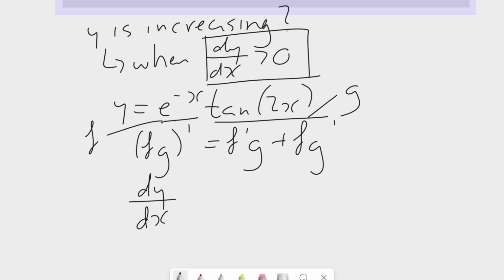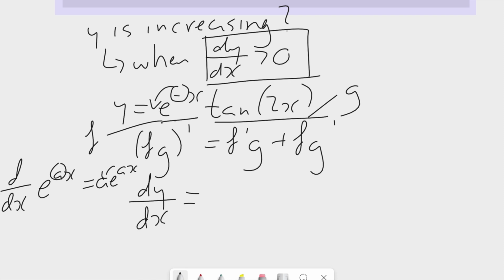Now with e to the minus x, it's kind of an identity that the derivative d by dx of e to the ax, where a is just a constant, is equal to a e to the ax. So you can just bring a down. And since we have e to the minus x here, so this is essentially e to the minus 1 times x, we just bring the minus 1 down.